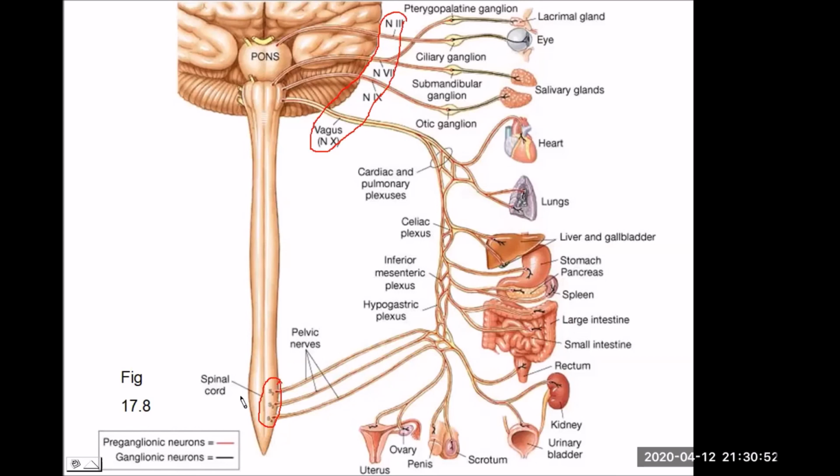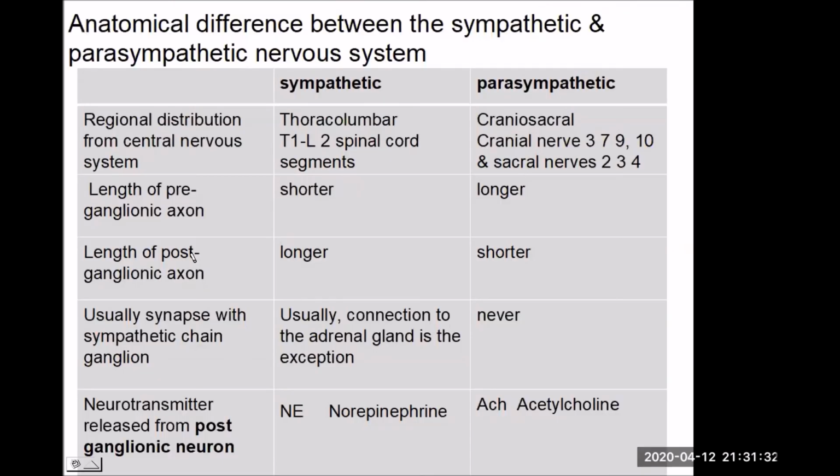If we look at the length of the motor neurons, this time the preganglionic neuron has a much longer length when compared to the sympathetic counterpart, whereas, of course, in black, the postganglionic neuron has a much shorter length when compared to the counterpart in the sympathetic nervous system. And we notice here, there's no interaction at all with the sympathetic chain ganglia. So there's no interaction ever here. So we're able to see that visually, as well as the diagram we'll go back to.